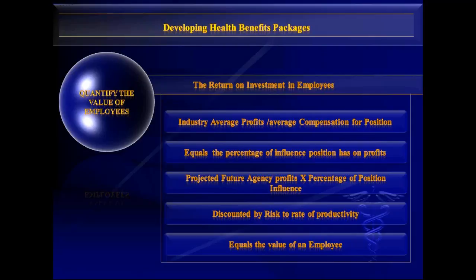Okay, and then we compound that on an annual basis, and then we know the present value, the risk-adjusted present value of the employee. That's what the employee is worth in the company's bank account. Okay.